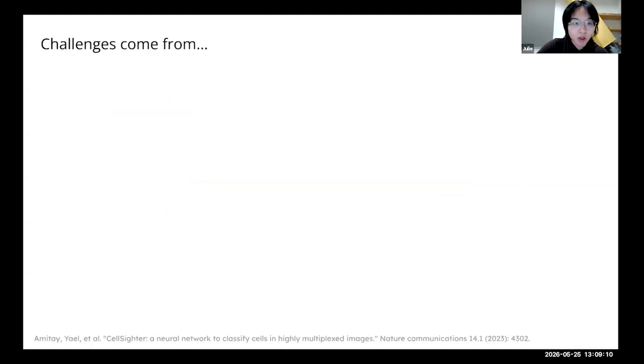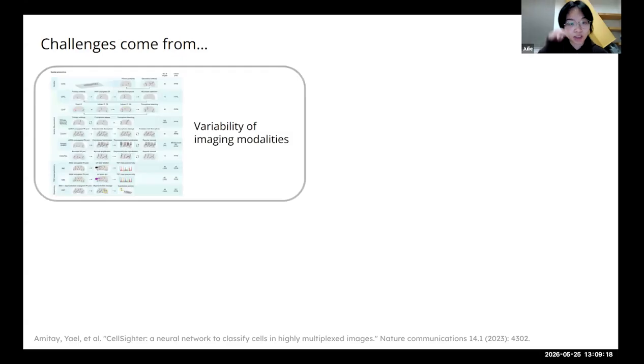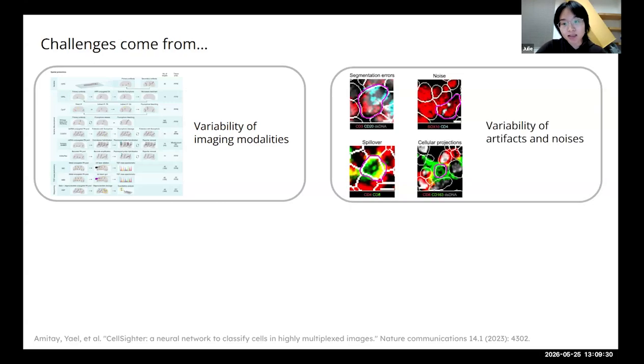Going back to my work, phenotyping, there are a bunch of challenges with this task. The first is what we discussed previously: there are a bunch of ways to image the cells, and therefore you have a variability of imaging modalities. Secondly, there's also the variability of artifacts and noise.